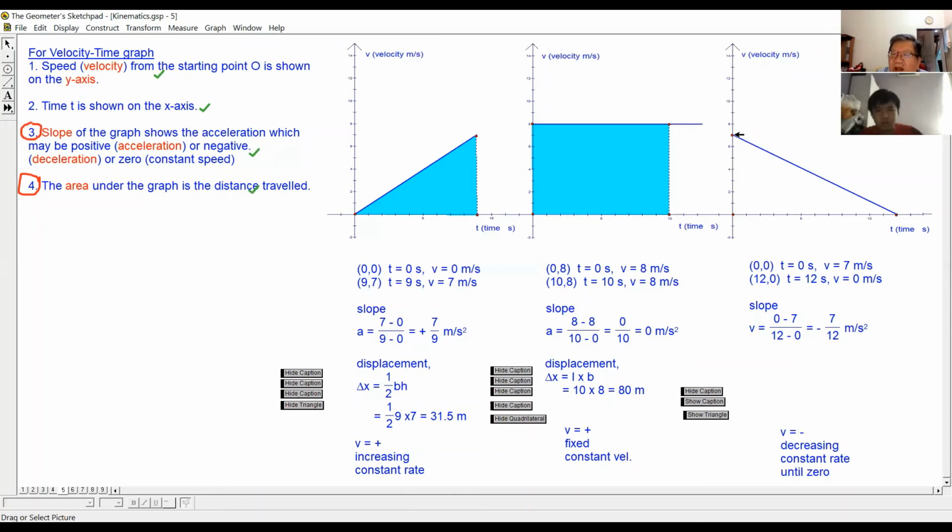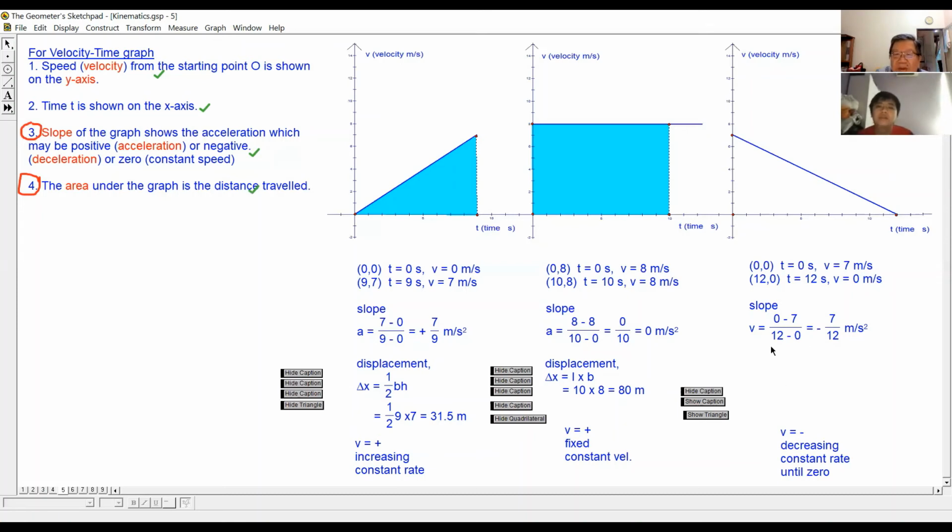Can you see that at first the velocity is 7, then finally here the velocity is 0? What is happening to the velocity? Is the velocity increasing or decreasing? Decreasing, correct.